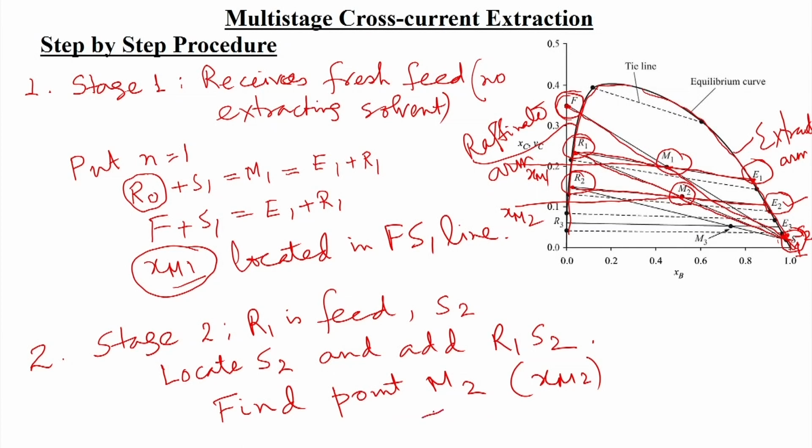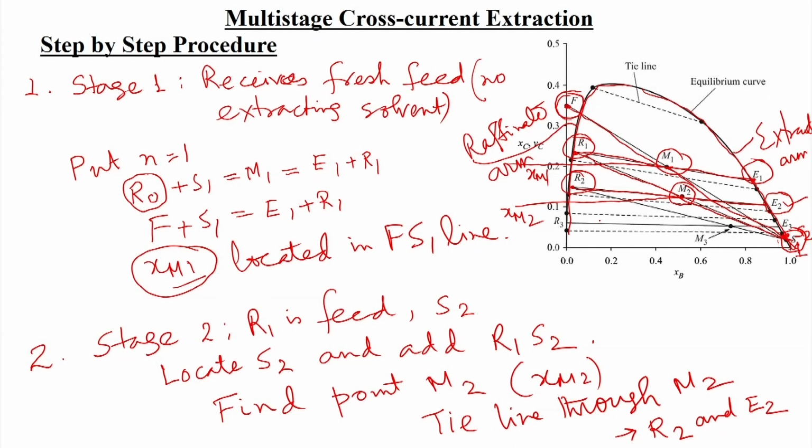So, now we need to follow this tie line through M2, which is separated into R2 and E2. Okay. So, from R2 and E2 we will again get the solute concentration in the raffinate arm and the extract arm.